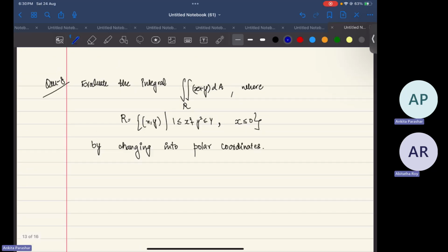Now there is one more thing which we want to define, by changing into polar coordinates. What are the polar coordinates? For a circle, the polar coordinates are r cos theta and r sin theta. Is it just for a circle?